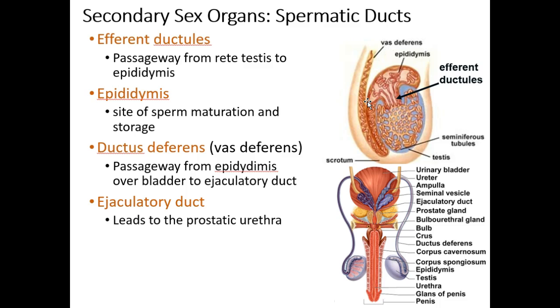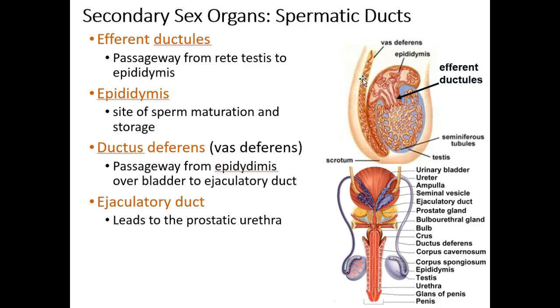And that's going to be the site of sperm maturity. At this stage, this is where it gets that tail, and it gets a couple of chemicals added to it, so it makes it more viable sperm. It takes about 25 days to make a cell go from 46 chromosomes to eventually a viable sperm cell.